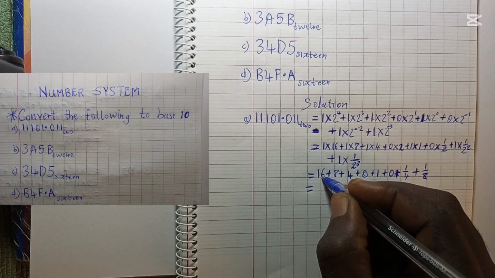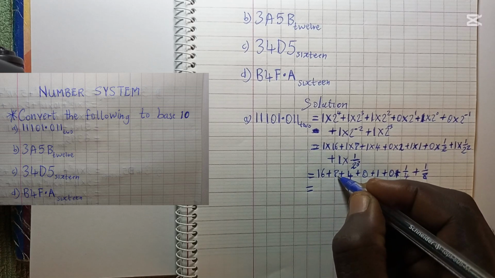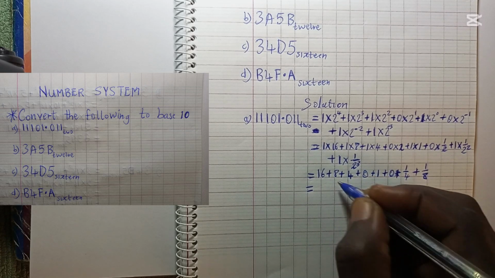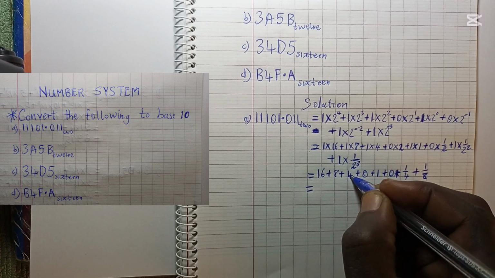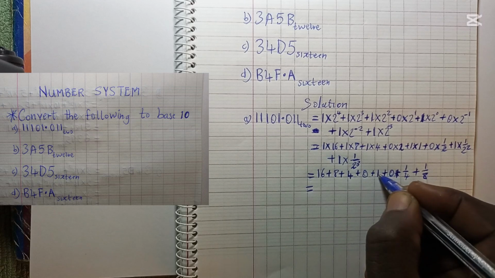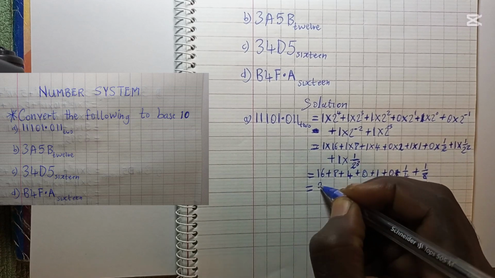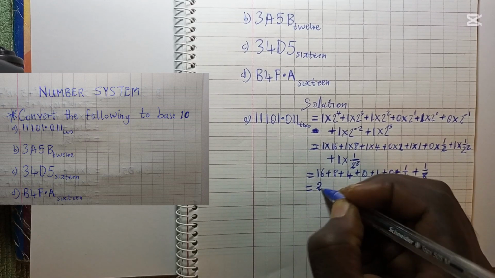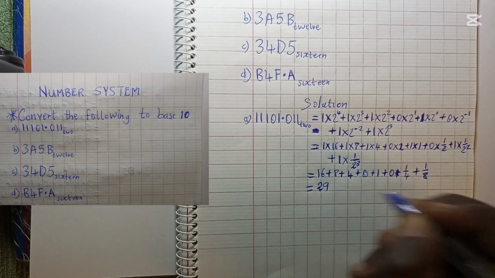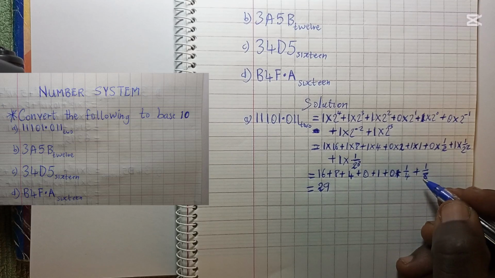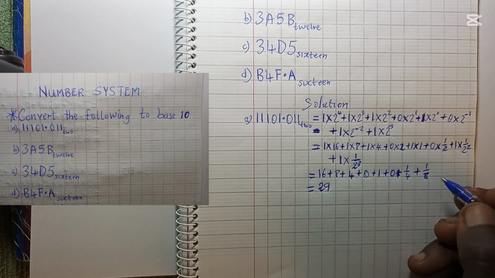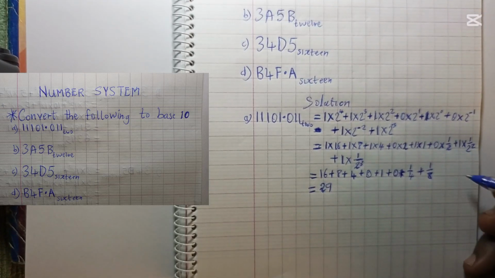Now adding these values: 16 plus 8, that will give us 24. 24 plus 4, 28. 28 plus 1, that is 29. The whole number side will be 29. Then let's calculate these fractions together.